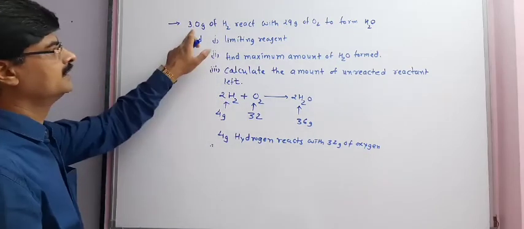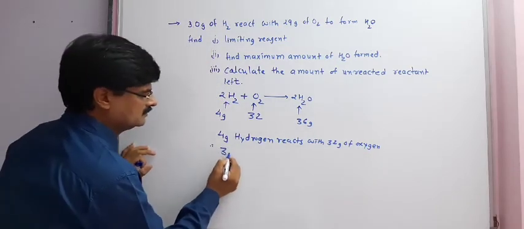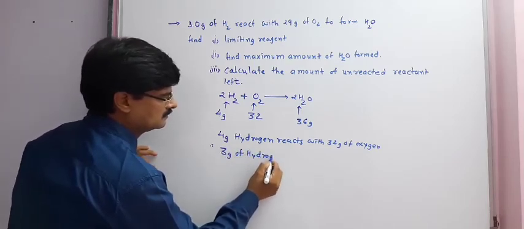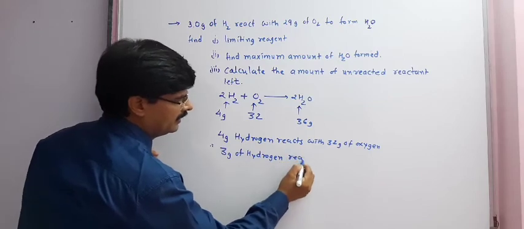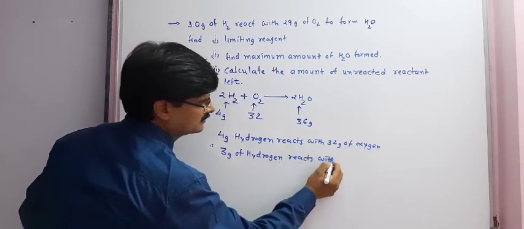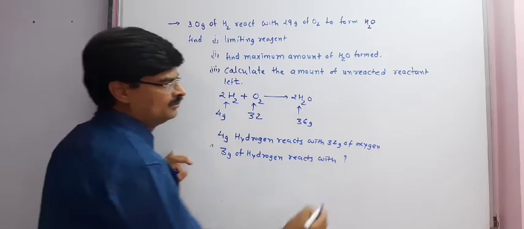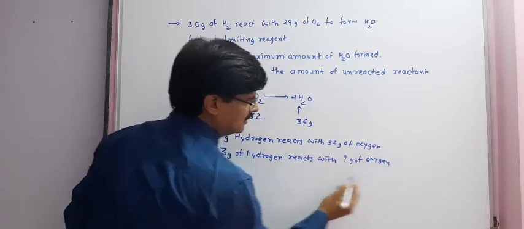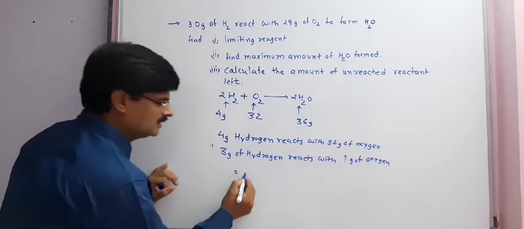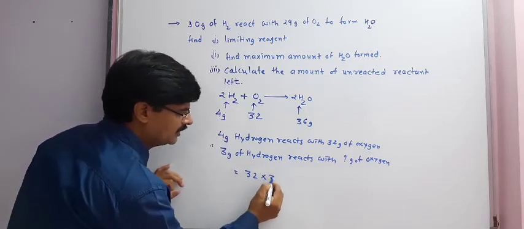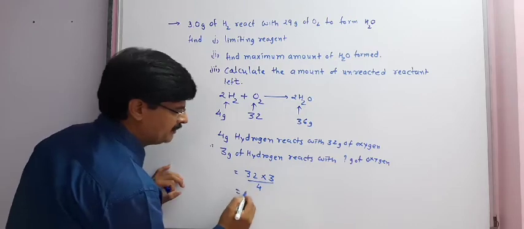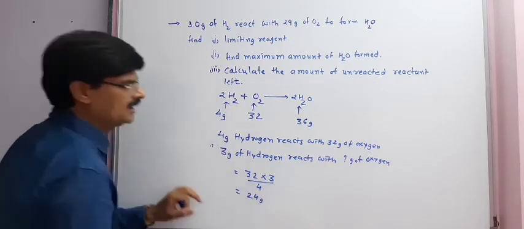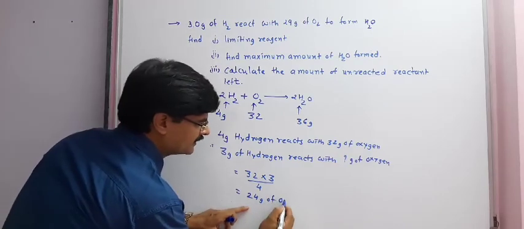Therefore, 3 gram of hydrogen reacts with what gram of oxygen? We can find out 32 into 3 divided by 4. So on simplification we will get 24 gram of oxygen.